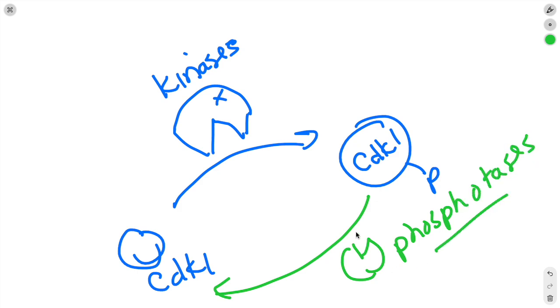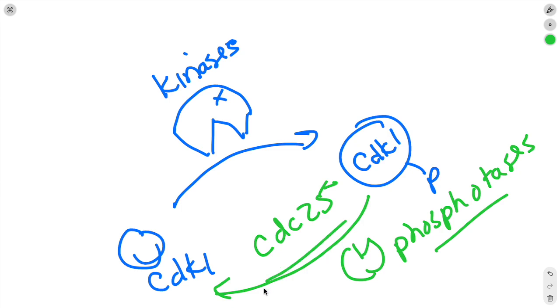We're only going to learn the names of a couple of them in our course, maybe 2 total, but they must exist, right? Because you want to remove those and turn it off. And the one we're going to learn about is the one that removes these inhibitory phosphates, and it removes both of them. And it is called CDC25.